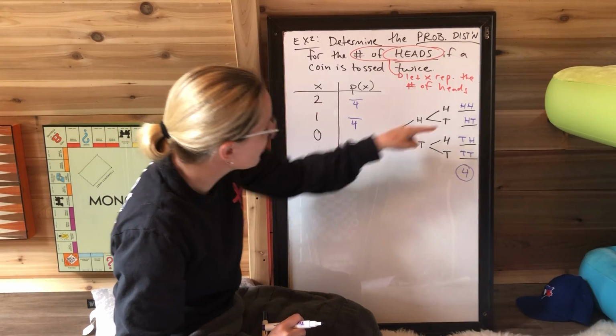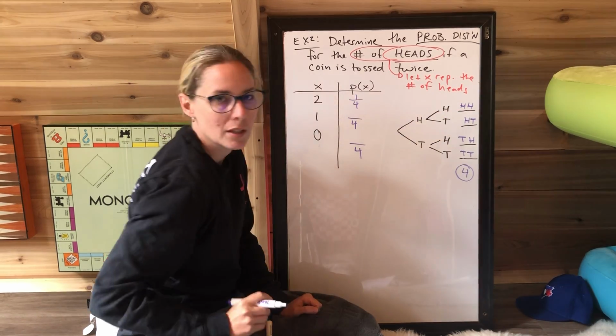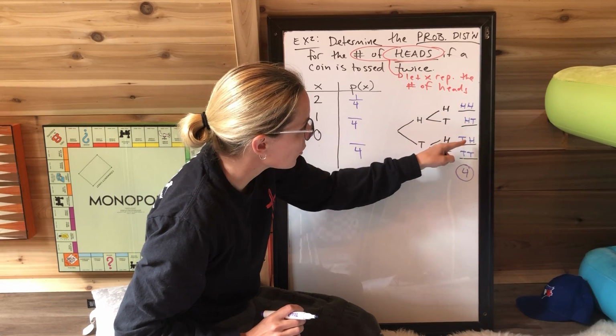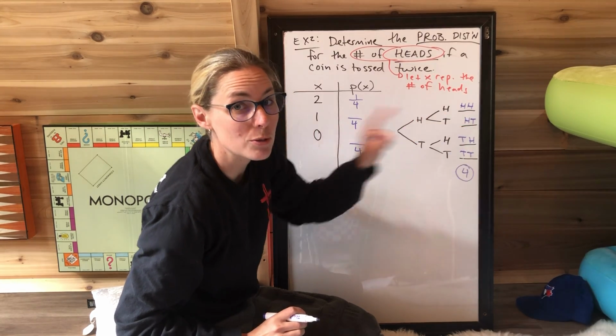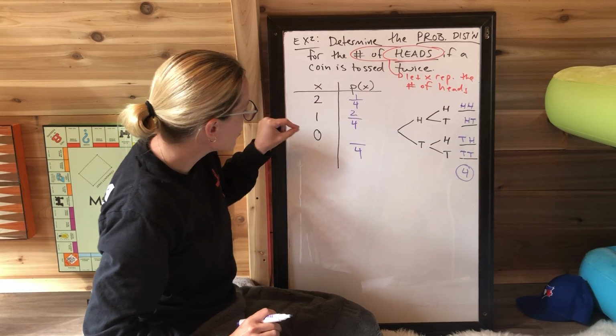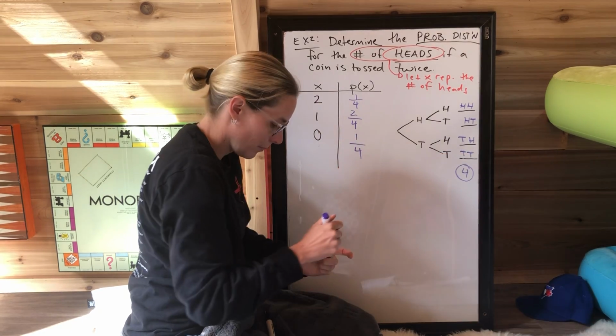In how many of these out of 4 do you get exactly 2 heads? 1 of them. In how many do you get exactly 1 head? You can have heads and tails or tails and heads. Both of those have 1 head, so we would say 2 out of 4. And in how many do you get no heads? The combination that's tails and tails. So 1 out of 4.